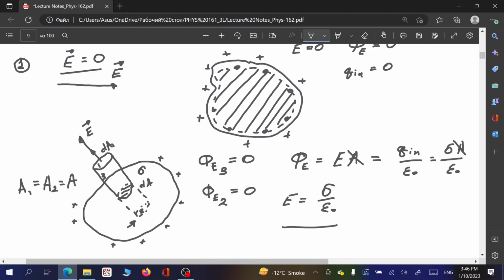We have the electric field magnitude times the area magnitude dA3 times the cosine of the angle between them. So it will be 90 degrees, it will be equal to 0, and that's why the flux is also equal to 0.